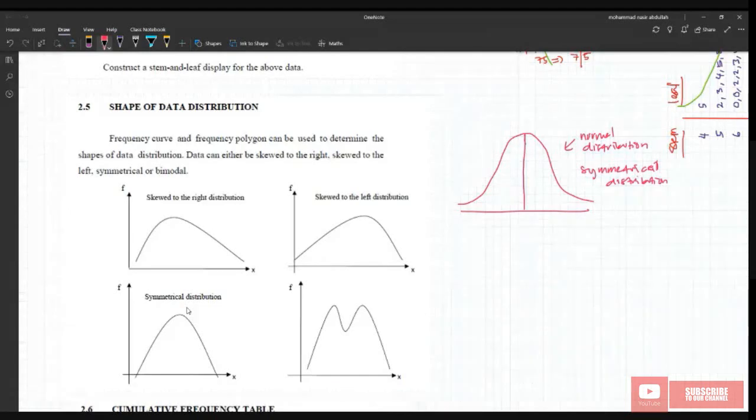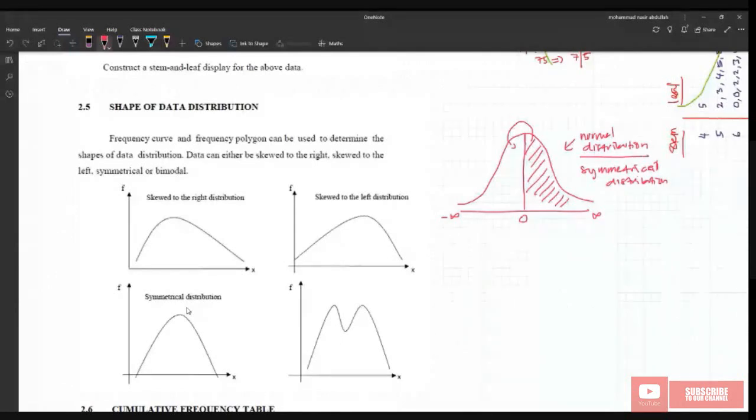This area on the right hand side, let's say this is 0, is equal to the area on the left hand side, right? This is from negative infinity to infinity. So this is what we call a normal distribution or symmetrical distribution, right?